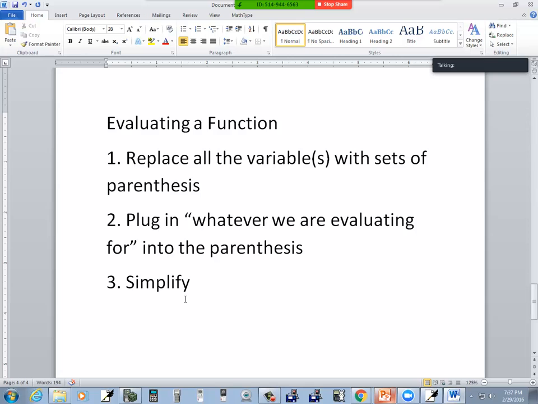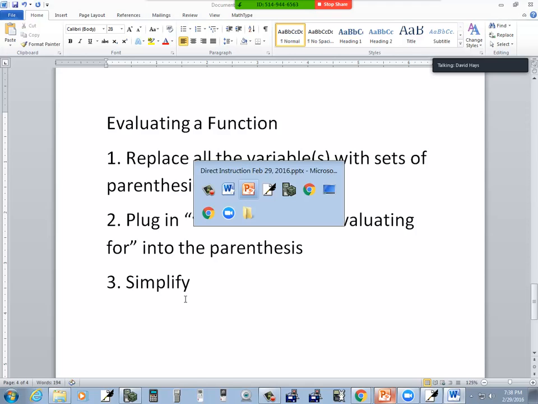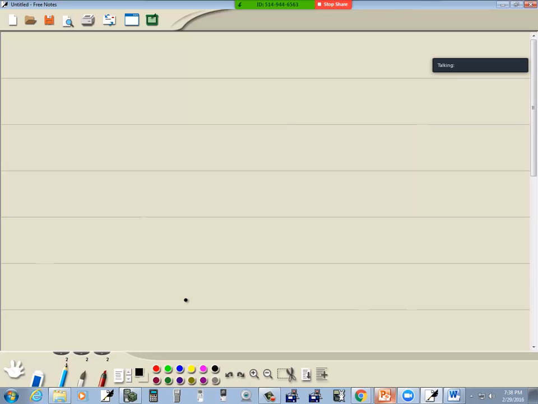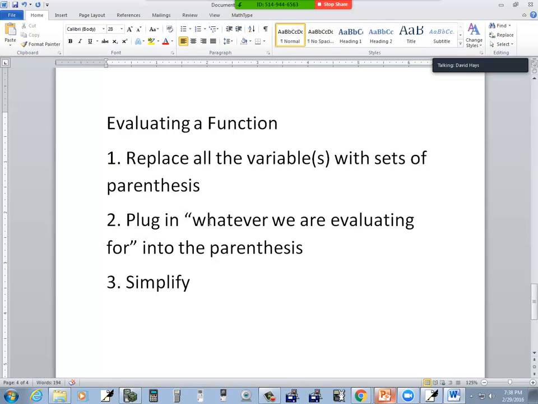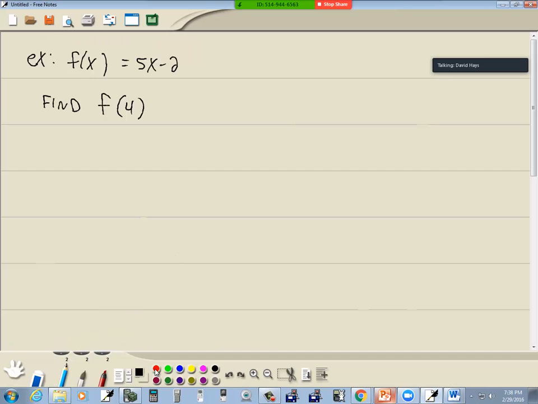Now let's take a look at an example of evaluating a function. We've got f of x is equal to 5x minus 2, and we want to find f of 4. Okay, so first off, this really vague item I wrote here, whatever we are evaluating for.